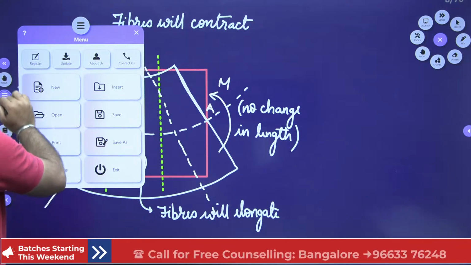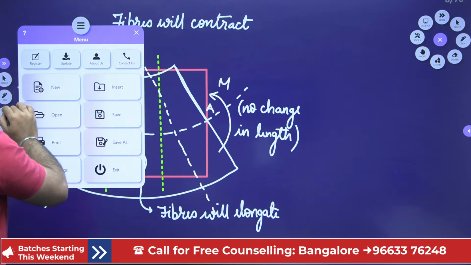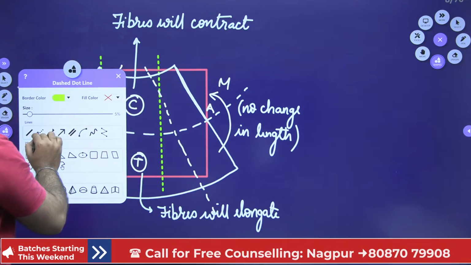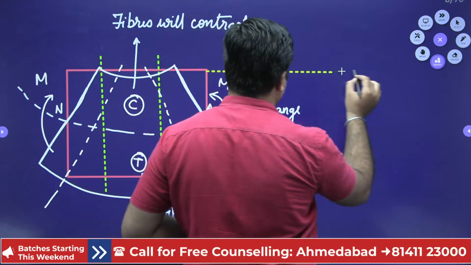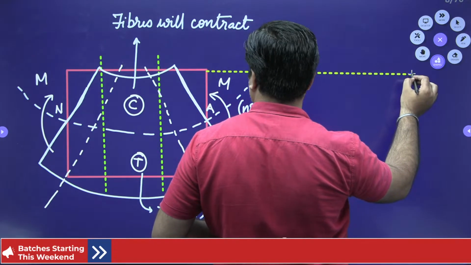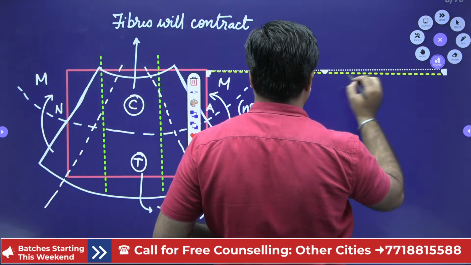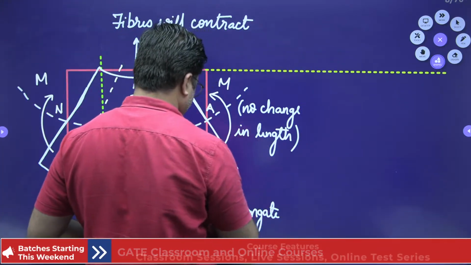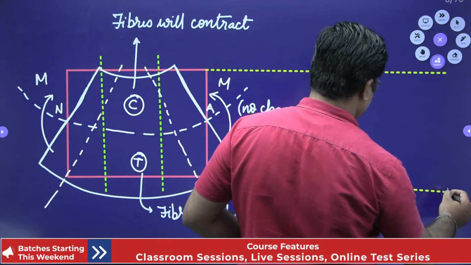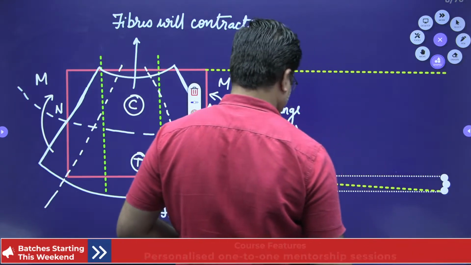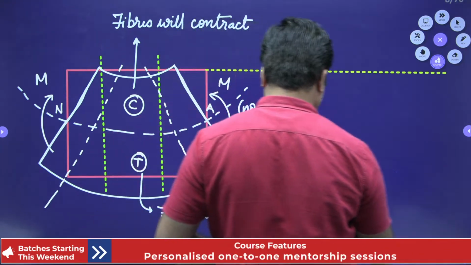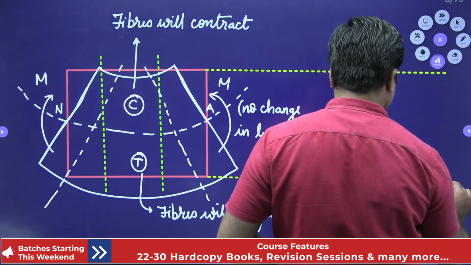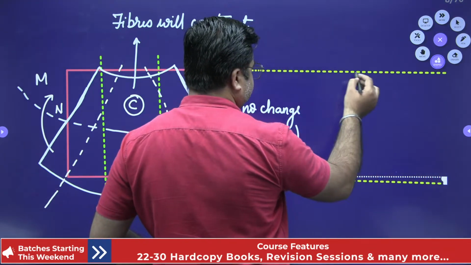Okay, 1 minute. I'll take this. And this is my cross-sectional area.